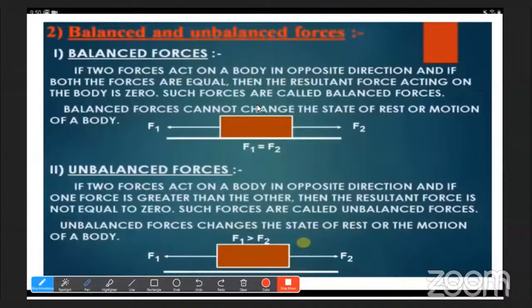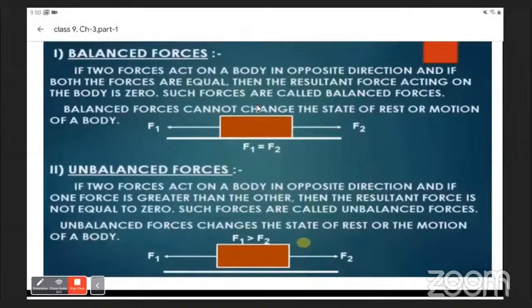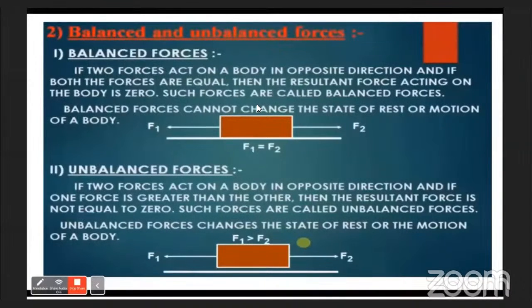So that's why these forces are unbalanced here. So here the object can change its position. So unbalanced forces change the state of rest or the motion of a body. So here given F1 is greater than F2, right? So I said that here already one of the forces is greater than the other.